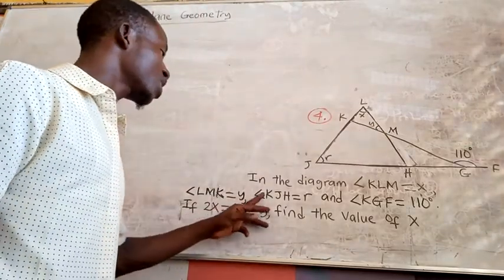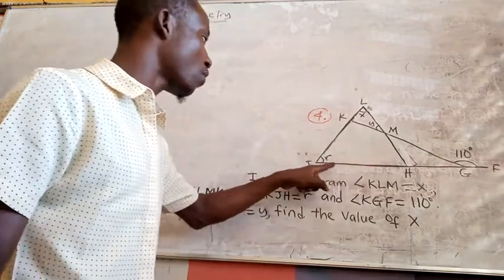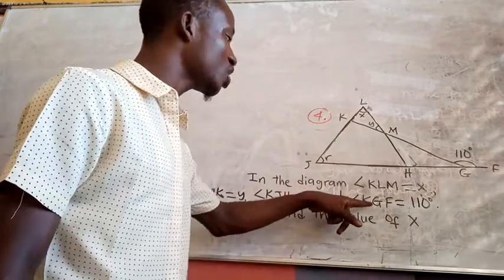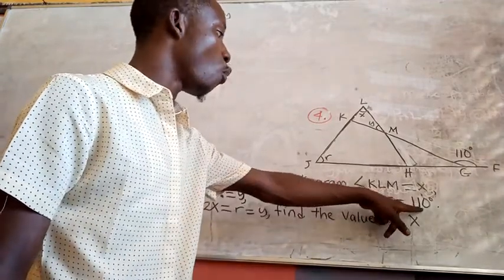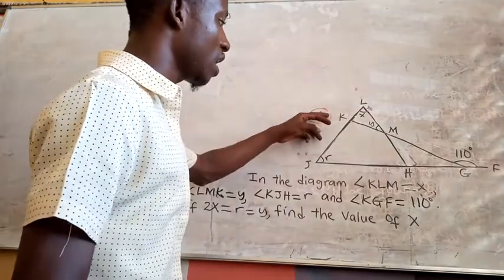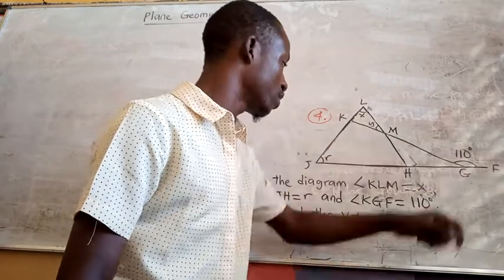Angle KJ is equal to r, also given, and angle KGF is equal to 110 degrees.